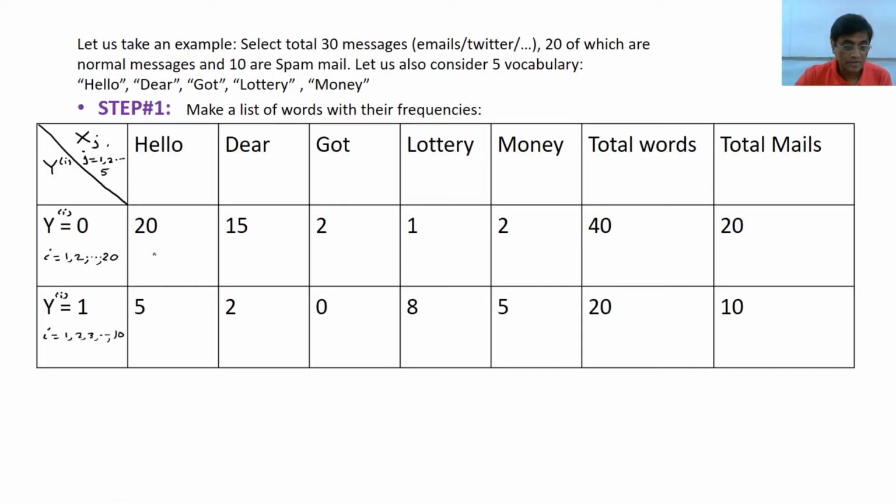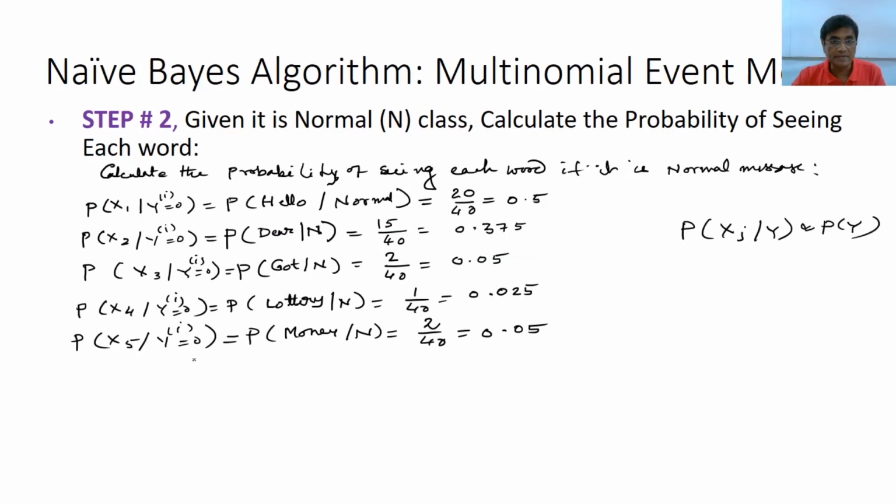That will be useful. 0.5, 0.375, 0.05, 0.05, 0.025, 0.05. These are the probabilities. We have written them explicitly here.